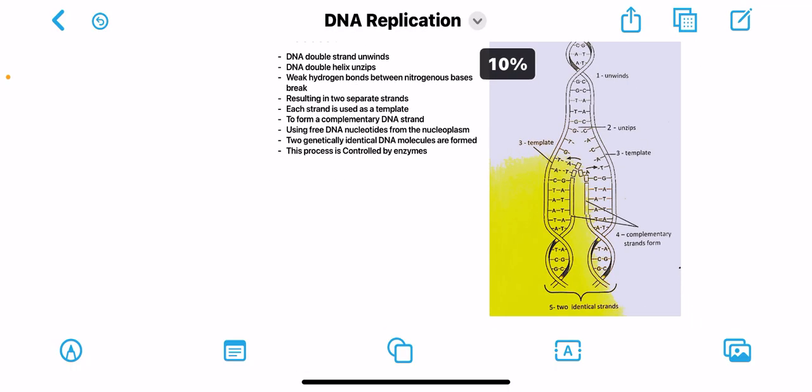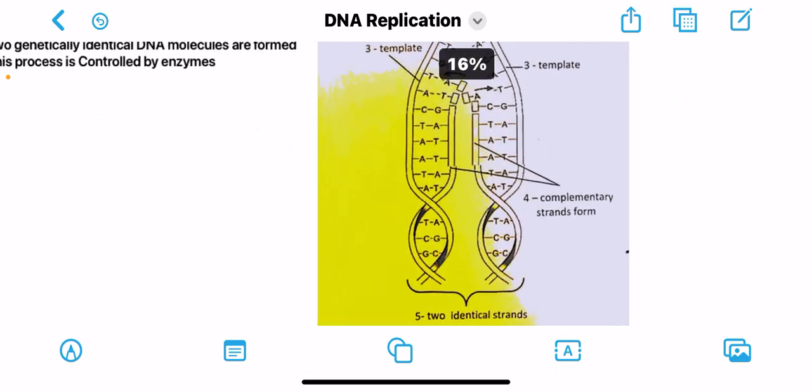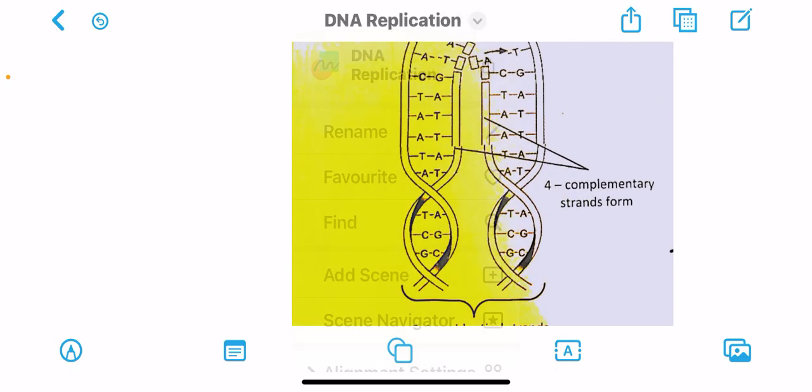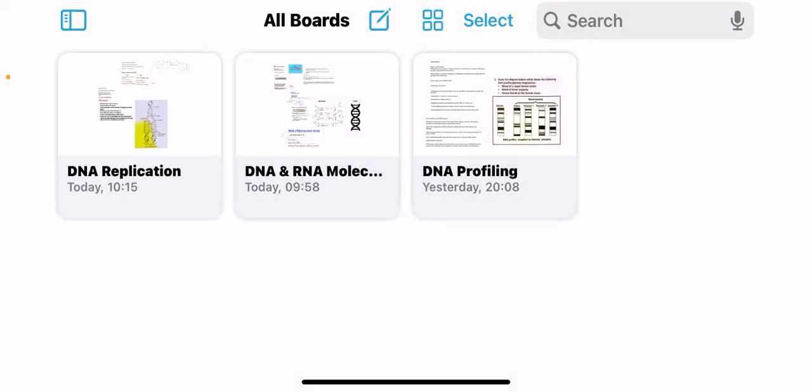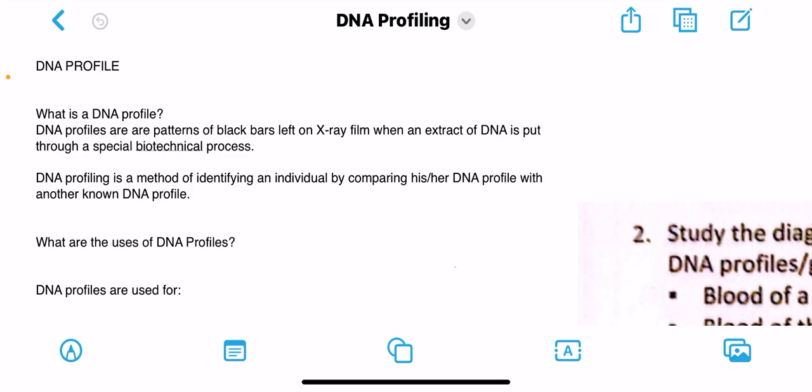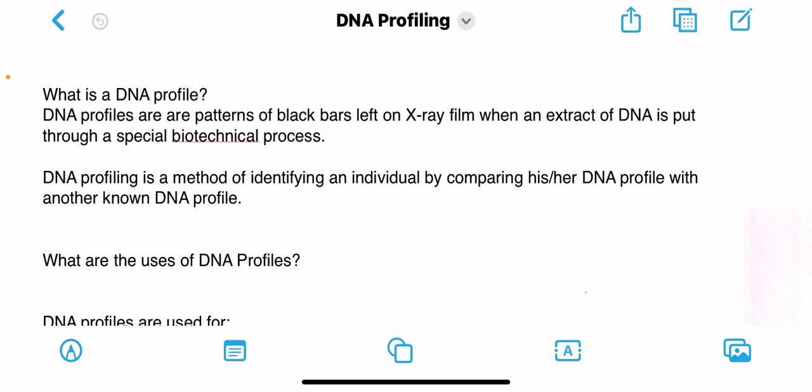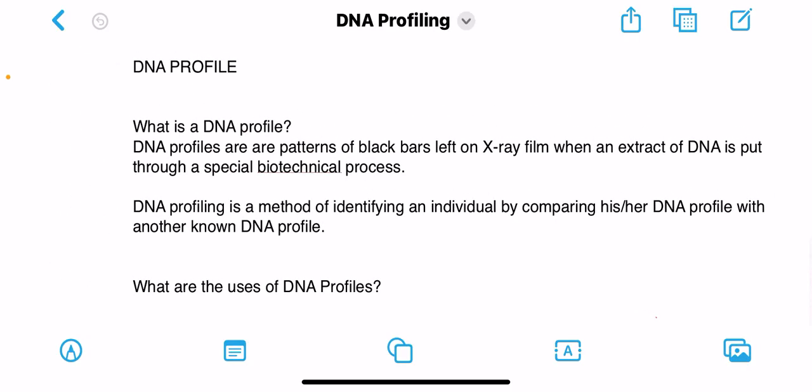So now we are finished with what? With DNA replication. And now we're going to go to the last part of the introduction of the DNA molecule and RNA molecule, which is what? DNA profiling. Now, what is a DNA profile?